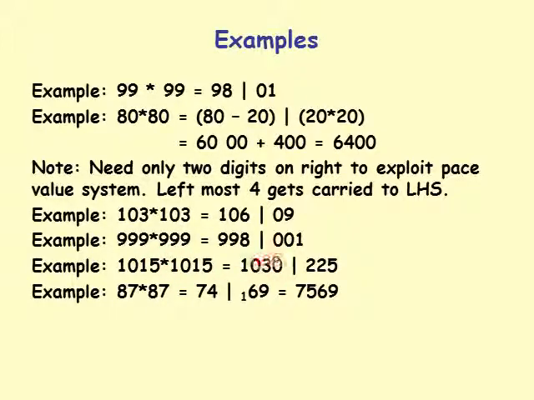Double that becomes 1030. Base is 1000. On the right it's the square of 15. 15 times 15 is 225. I need 3 digits here because of 1000. When I multiply the left by 1000, I get 3 zeros, and this 225 has to fit in those 3 zeros. So just fine here. So 1015 times 1015 is 1030225.